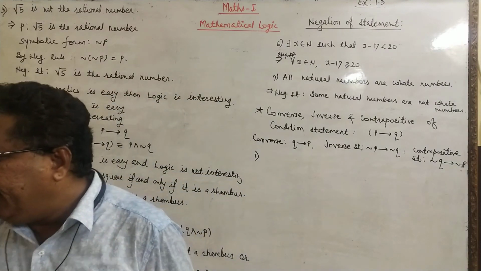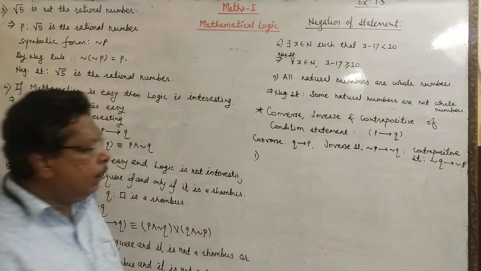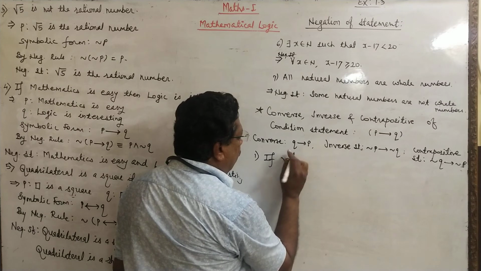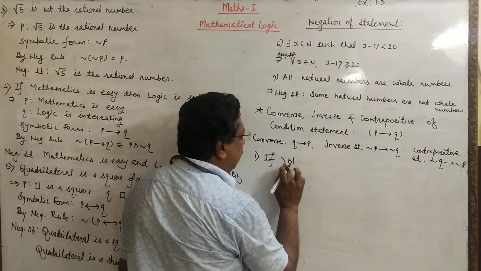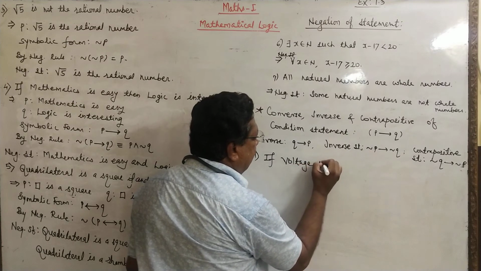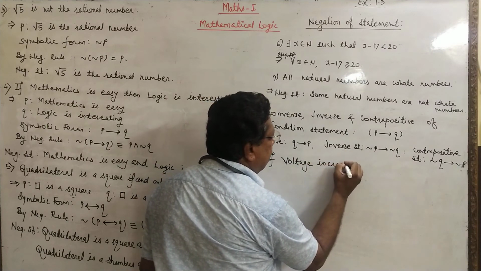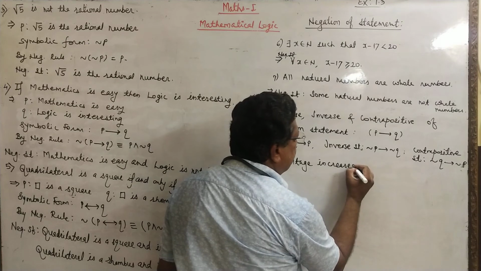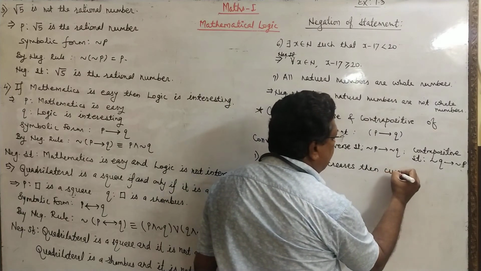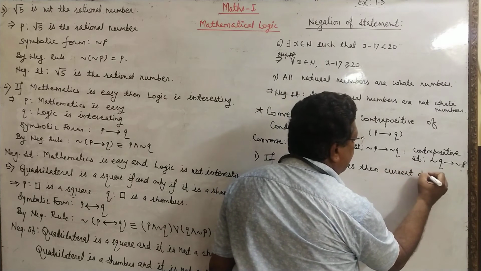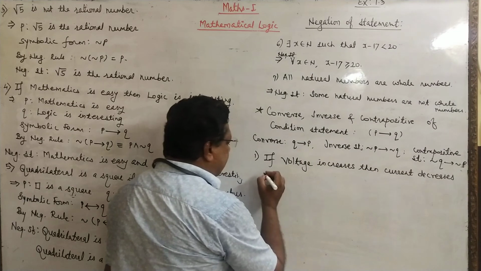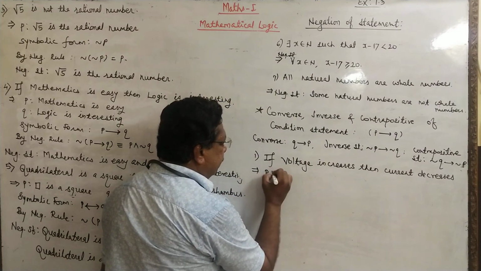So the question is, write down the converse, inverse and contrapositive of the conditional statement. What is the statement? If voltage increases, then current decreases. Now what is the statement P here?